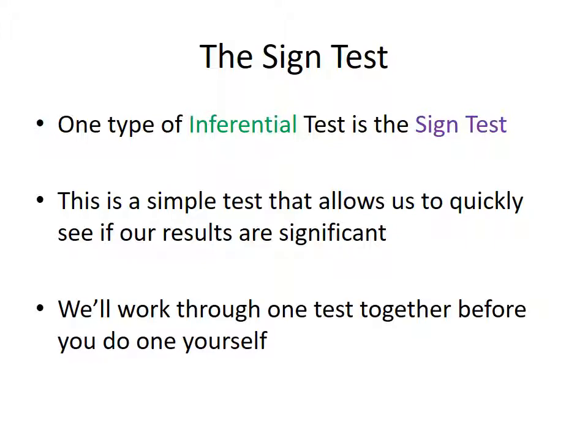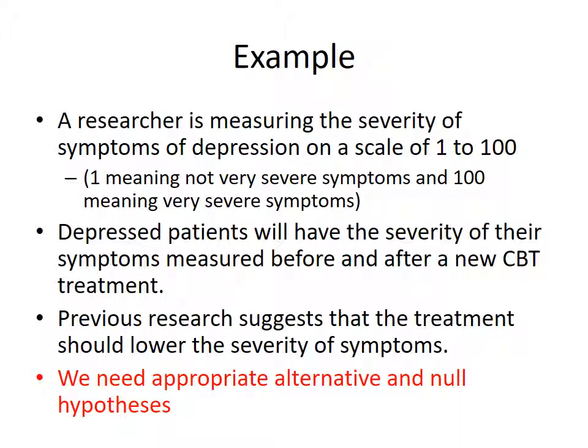And we're going to work through one together before we do one in class, and you're going to do one yourselves. So before we can do any kind of testing, we need some hypotheses. Okay. So let's look at this example. We're saying a researcher is measuring the severity of symptoms of depression on a scale of 1 to 100, 1 in a sense being not very severe symptoms, 100 meaning very severe symptoms.